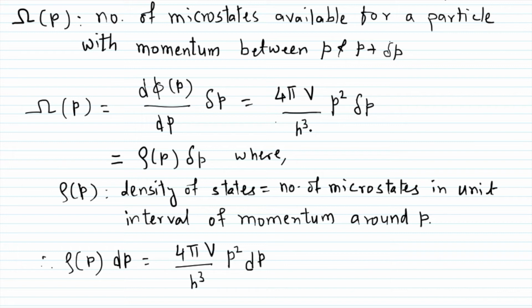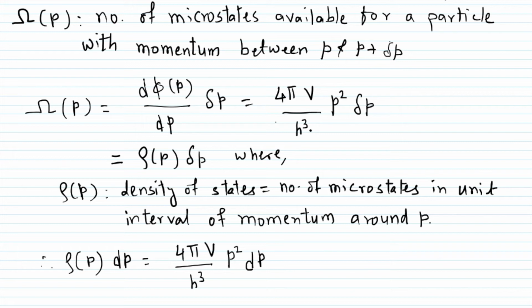Okay. And we have already seen that this omega p can be written as rho p delta p, where this rho p is the density of states, that is nothing but the number of microstates in a unit interval of momentum around p. Okay. Rho p is the density of states, that is the number of microstates accessible to the particle in a unit interval of momentum around p.